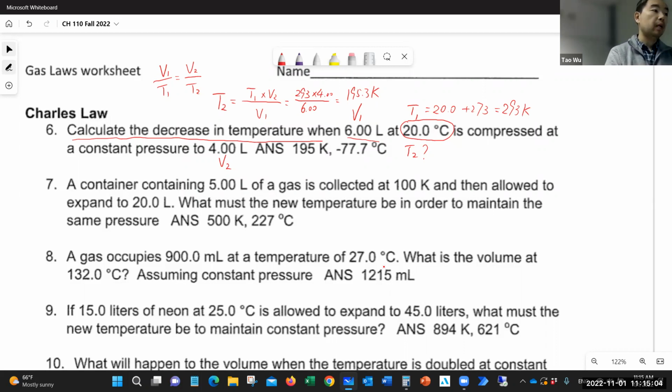But no matter what unit they ask for, when we do the calculation and put values into the equation, we always use Kelvin.